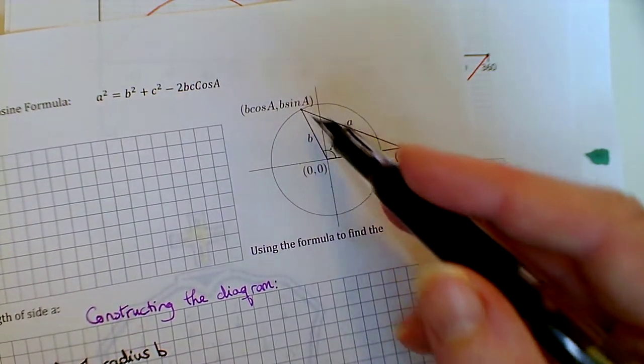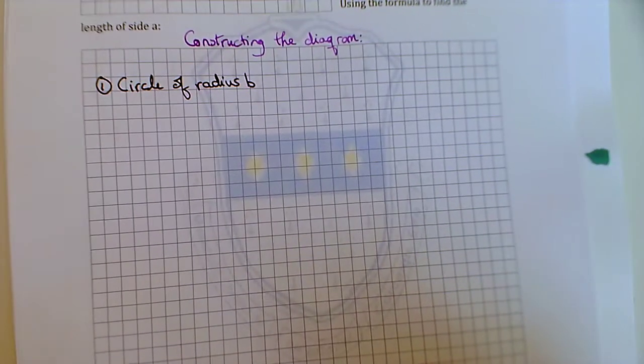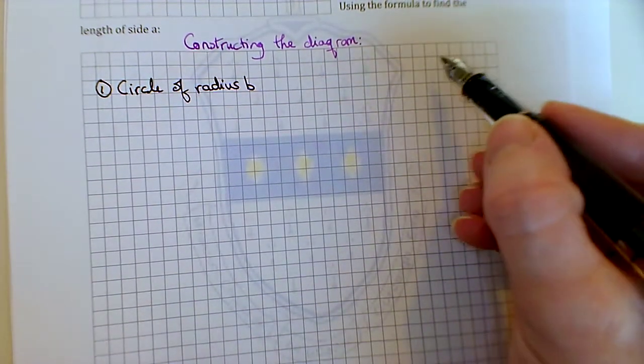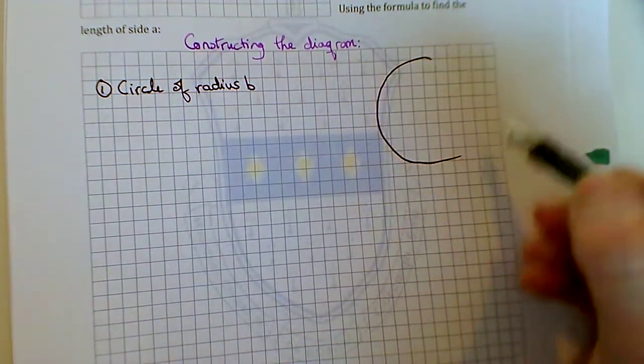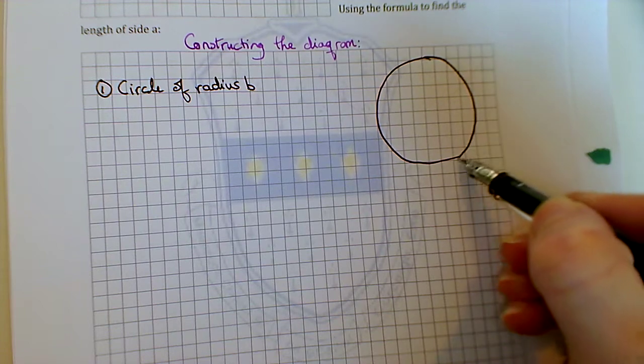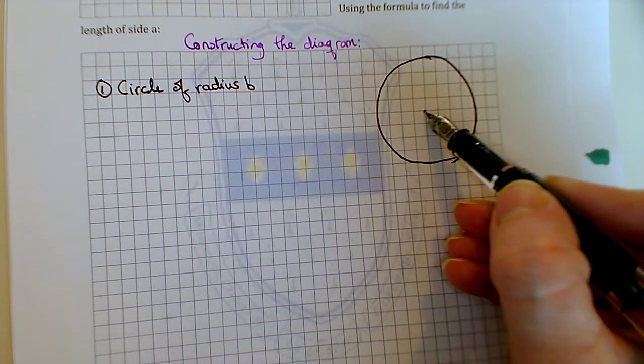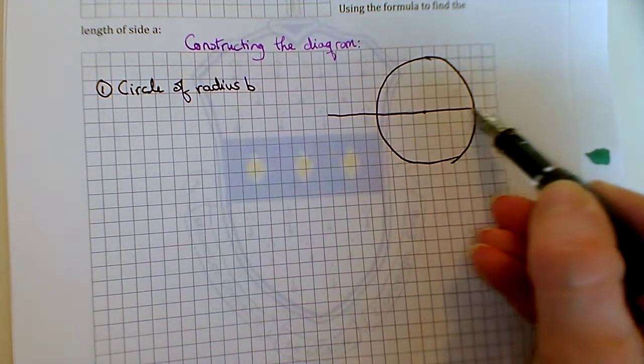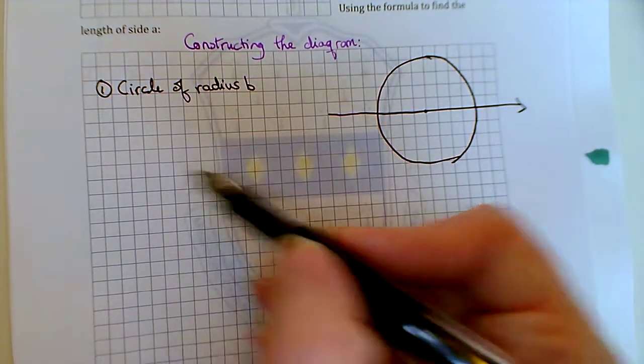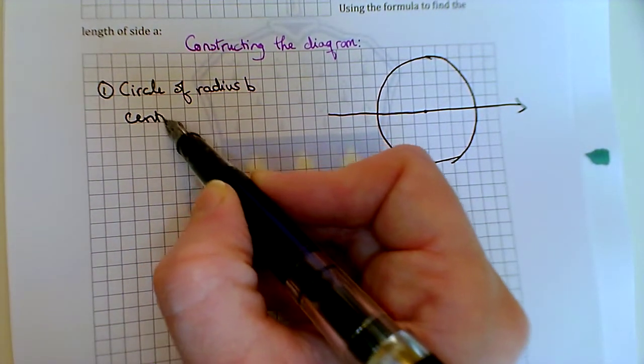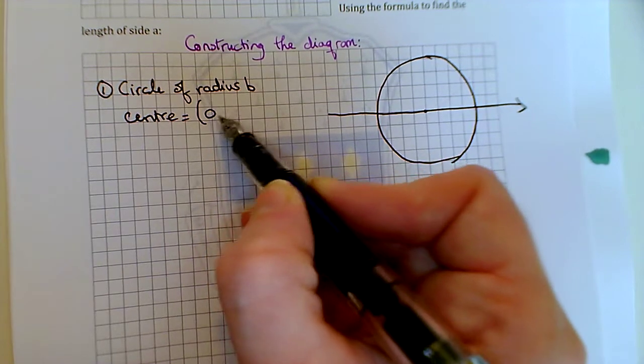So the b must be the radius of the circle. And let's do that. Draw a circle. And the center is going to be at 0, 0. Circle of radius b and center at 0, 0.